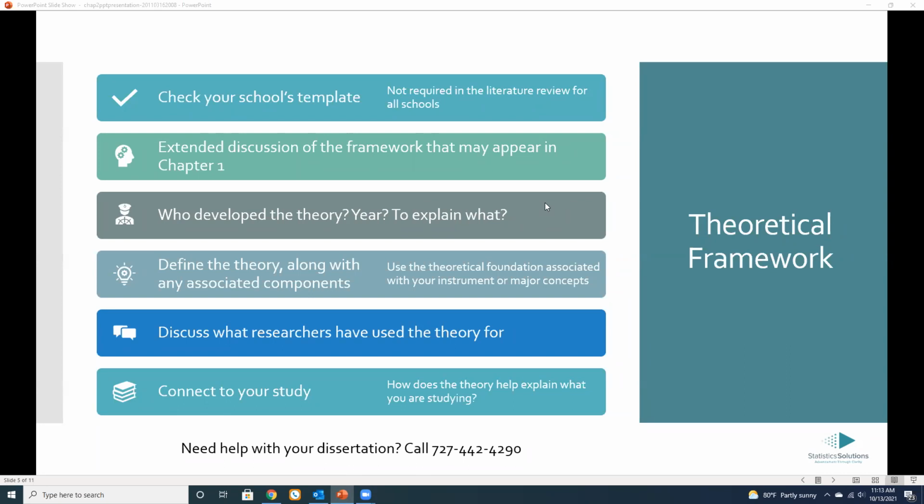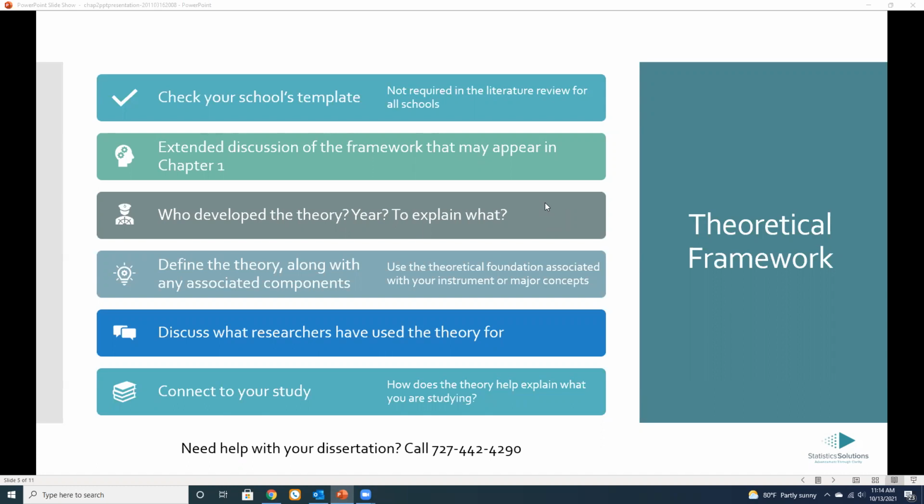If your theoretical framework does need to appear in chapter 2, let's talk a little bit about what's required there. First of all, theoretical framework or conceptual framework. Here's what I tell folks. It's just the easiest thing to remember for your purposes: theoretical frameworks are typically associated with quantitative studies.